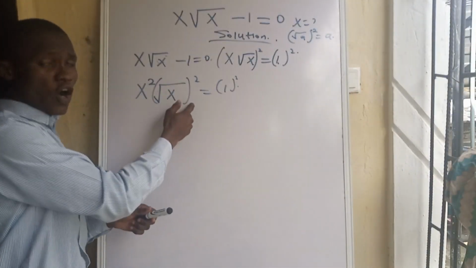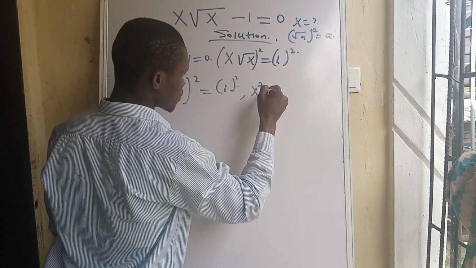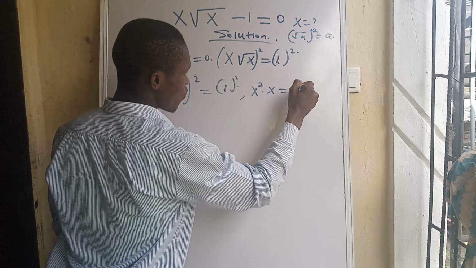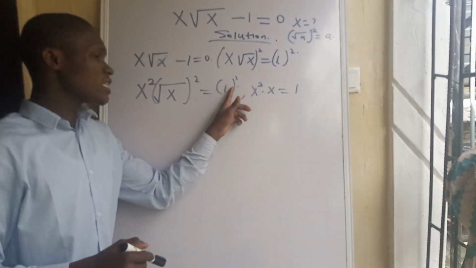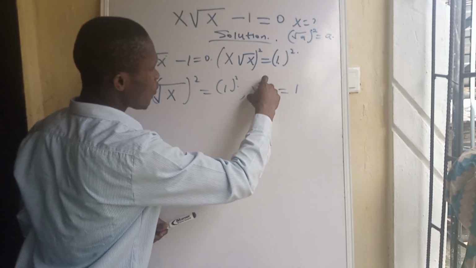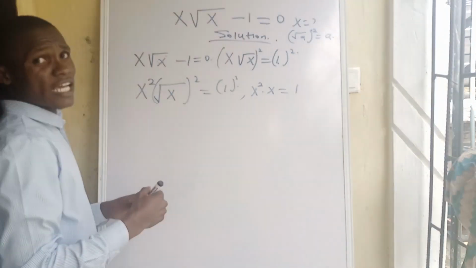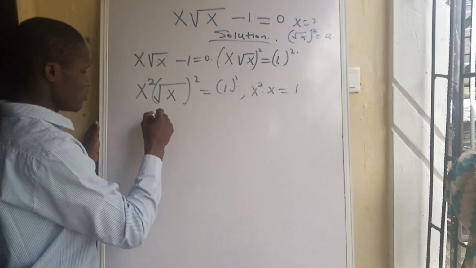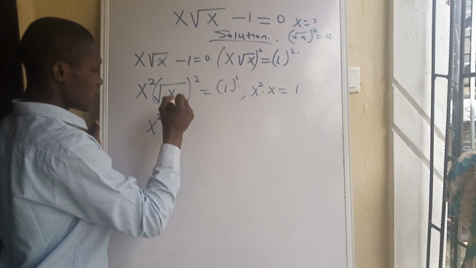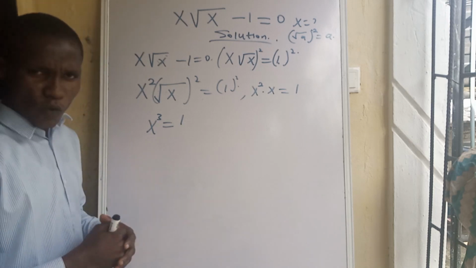If we follow that rule, we are going to have x to the power of 2, or x squared, times x equals 1, because 1 squared is 1. If we multiply x squared times x, that gives us x cubed. So we have x cubed equals 1. This is our new equation.